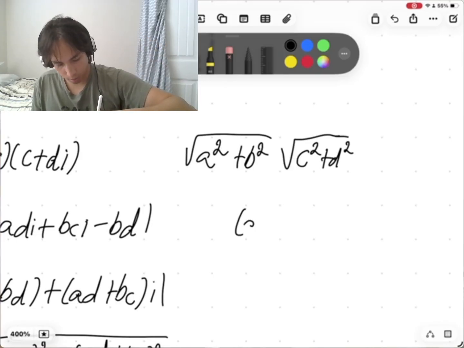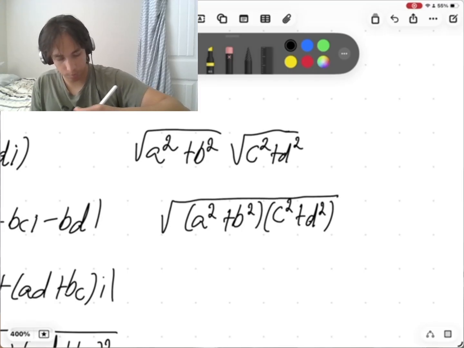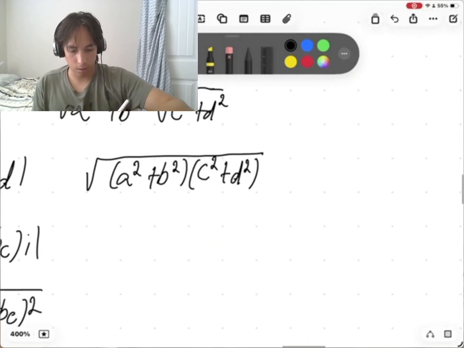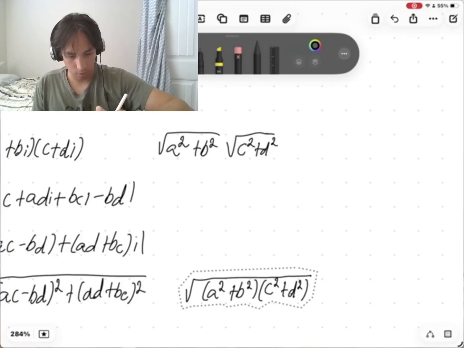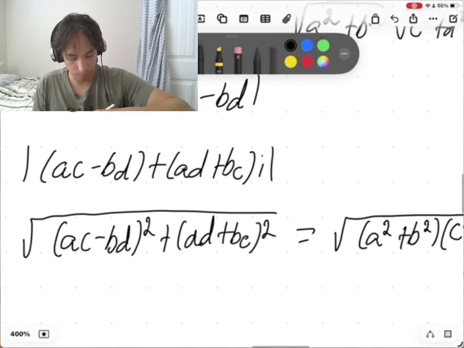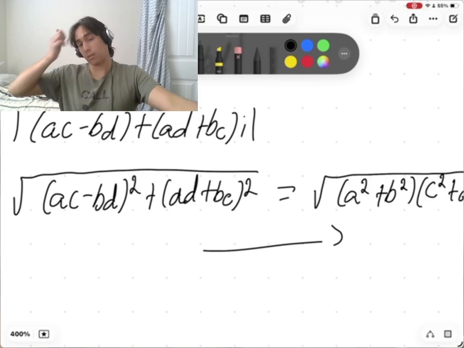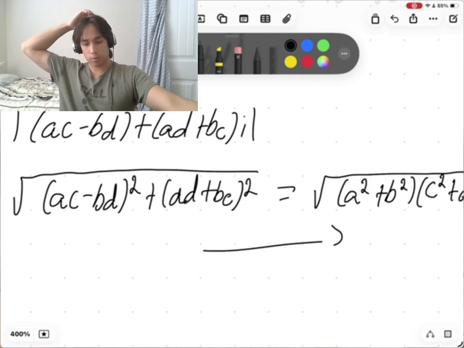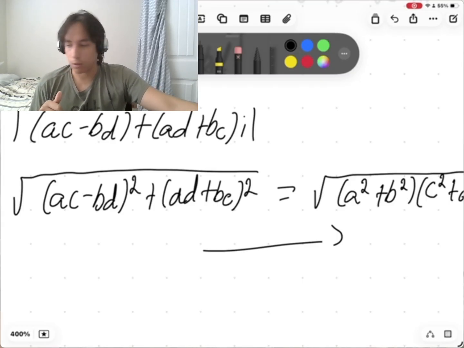That means we get a squared plus b squared times c squared plus d squared, all under the square root. Right? And according to this proof, these two are equal. Now what we need to do is get from here to here, doing some polynomial expansions, which I do not know off the top of my head.